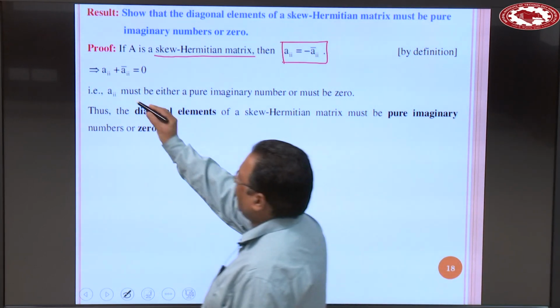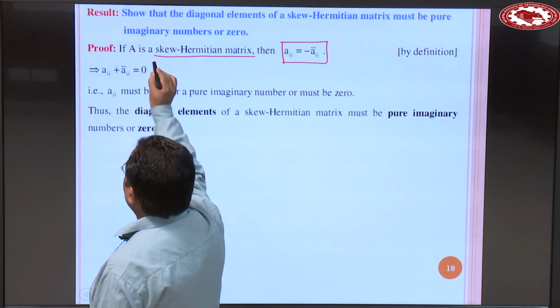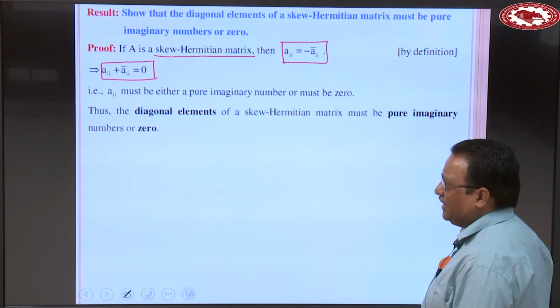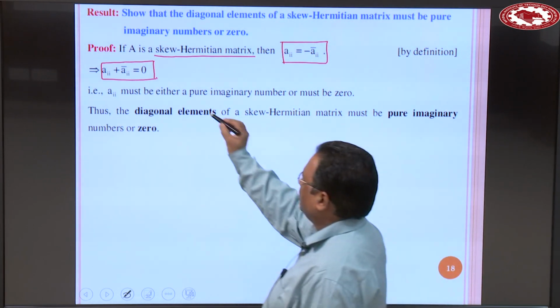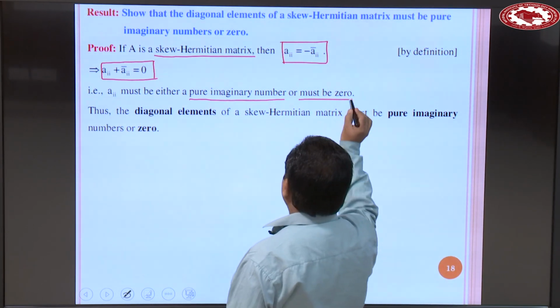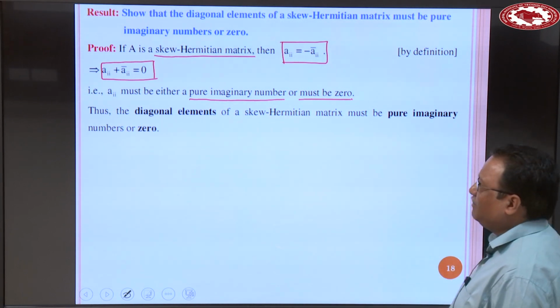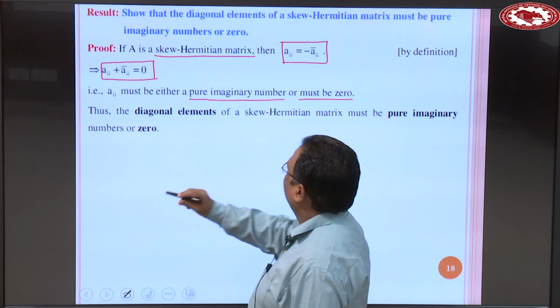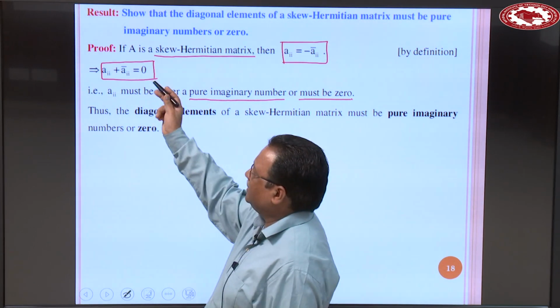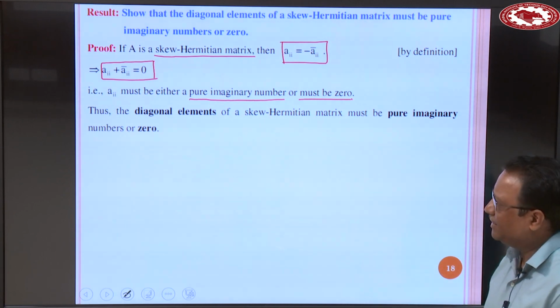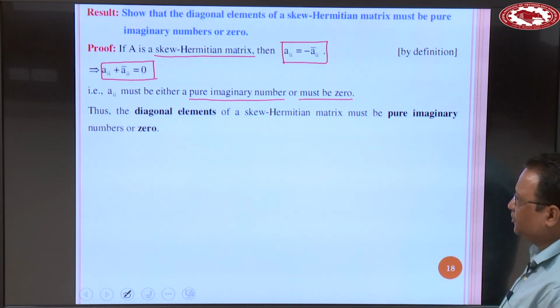This means Aii plus Aii bar is equal to 0, and this is only possible if Aii is either a pure imaginary number or 0. If pure imaginary number, then this sum is 0. If 0, then this sum is 0. So, diagonal elements of a skew Hermitian matrix must be pure imaginary numbers or 0.